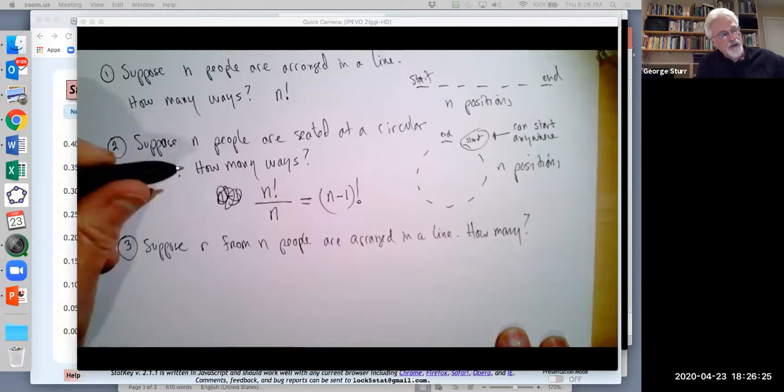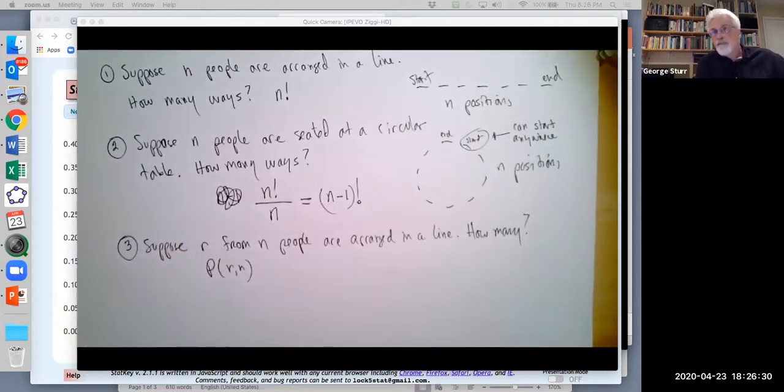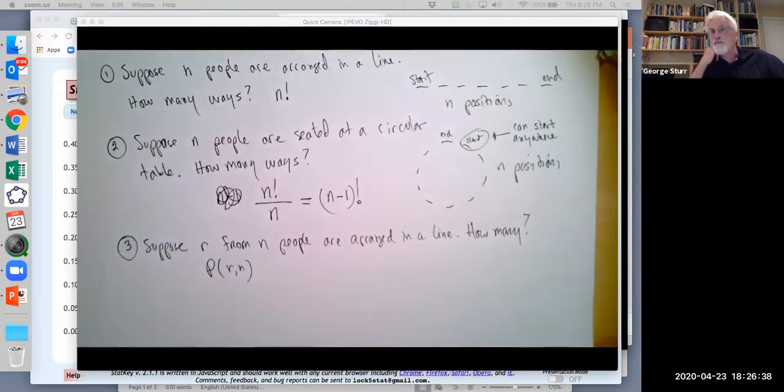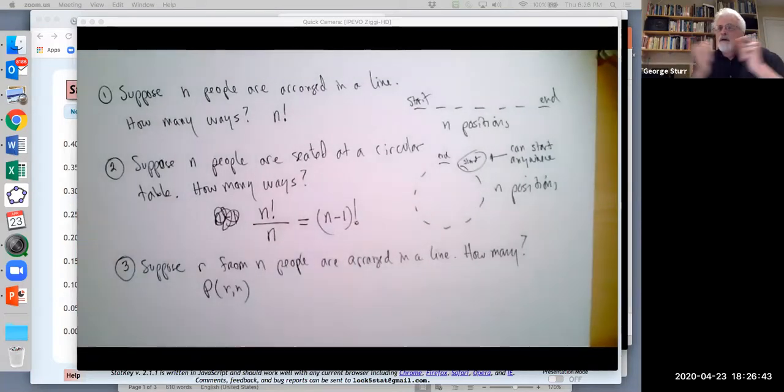Well, now this would be the permutation of r from n, right? Do you remember the formula for that? It's n factorial over n minus r factorial. Imagine I had 20 people and I have to pull out 5 of them to put in a line and rearrange any way I wanted to. Instead of the whole group, I take a piece of the group.